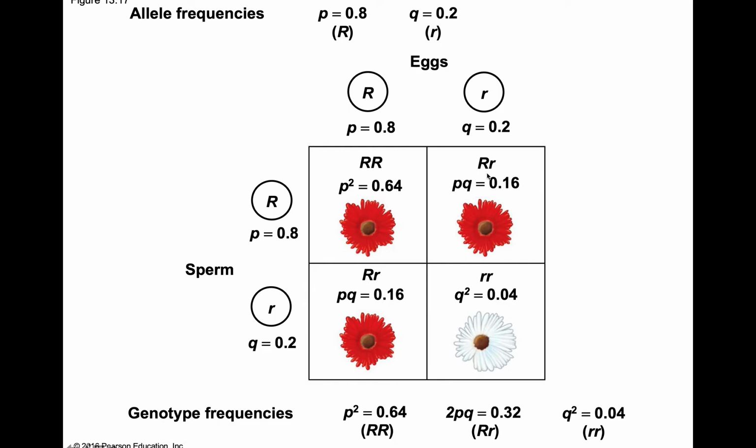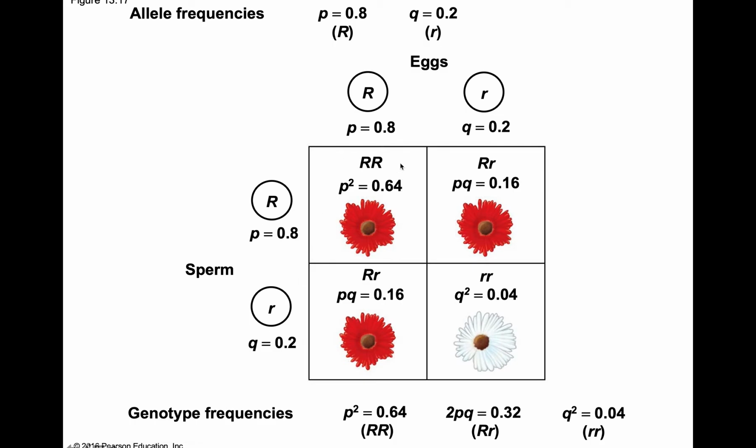Then over here, in the next box, we have the capital R, little r, very much like the Punnett square business we did before. This time it's going to be P times Q. So P times Q will give me 0.8 times 0.2, which is 0.16. Then we do the bottom one here. Again, we do the capital letter first as standard, just like we did with the Punnett square before. So the capital R, little r.